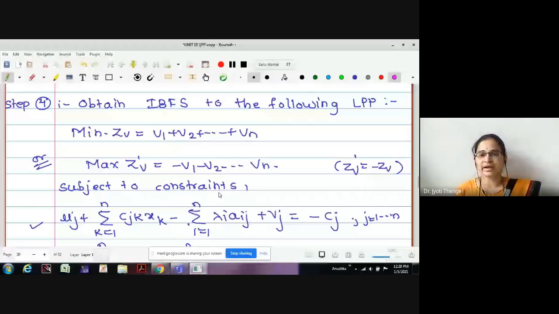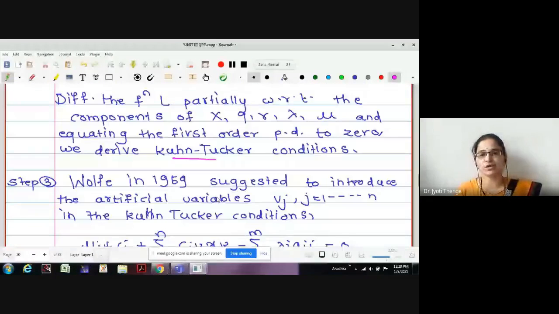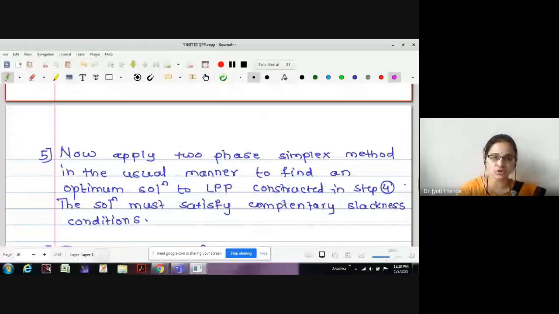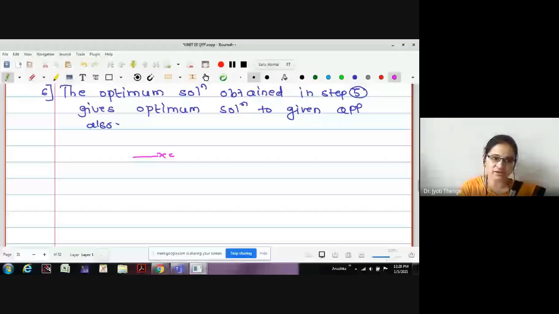Okay. So what kind of strategy is being followed? Let me explain in short again. Initially we started with a quadratic programming problem. Then we constructed the Lagrangian function.